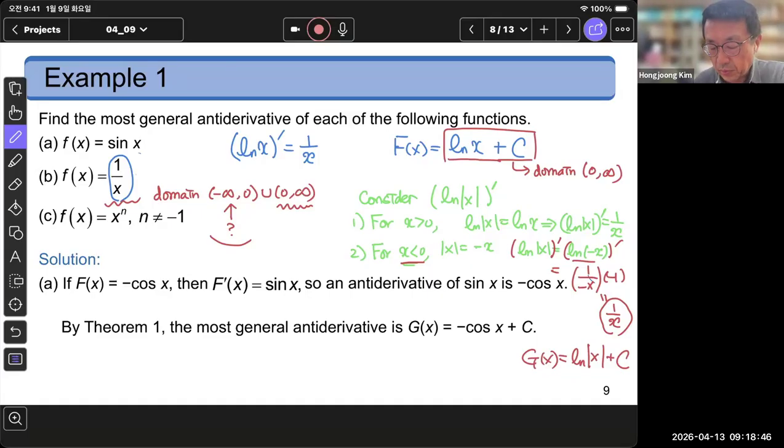So log of just x without the absolute value sign is not a complete answer. We need to put the absolute value sign before we take the logarithmic function. So this is one of the antiderivatives, and if I add the c, you get the general antiderivatives.